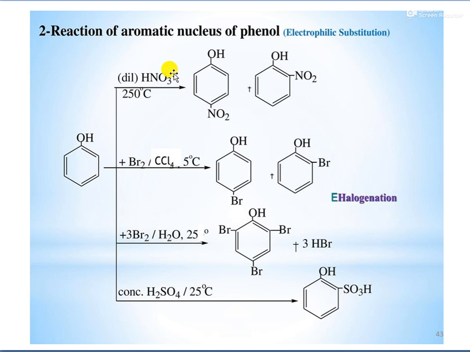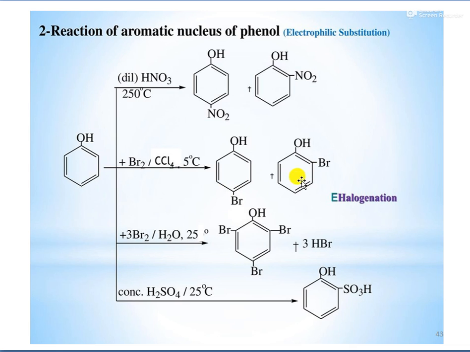In the nitration, bromination and sulfonation reactions, these are the different products formed. In the first case, when phenol is treated with dilute nitric acid HNO3, a single NO2 group is substituted at either the ortho or para position. In bromination with CCl4 as a solvent, similar substitution occurs at the ortho and para positions.